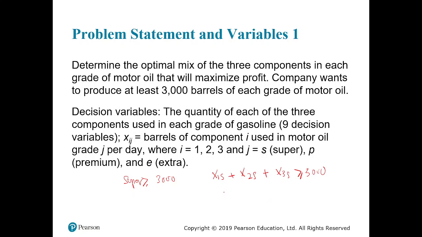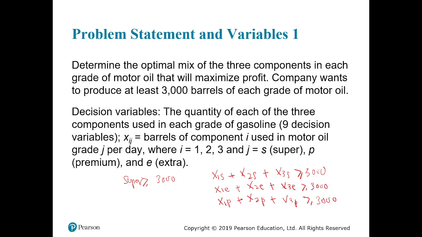Similarly for extra, you have 1E plus 2E plus 3E, and this must be more than 3,000. And finally for premium, 1P plus 2P plus 3P must be larger or equal to 3,000.